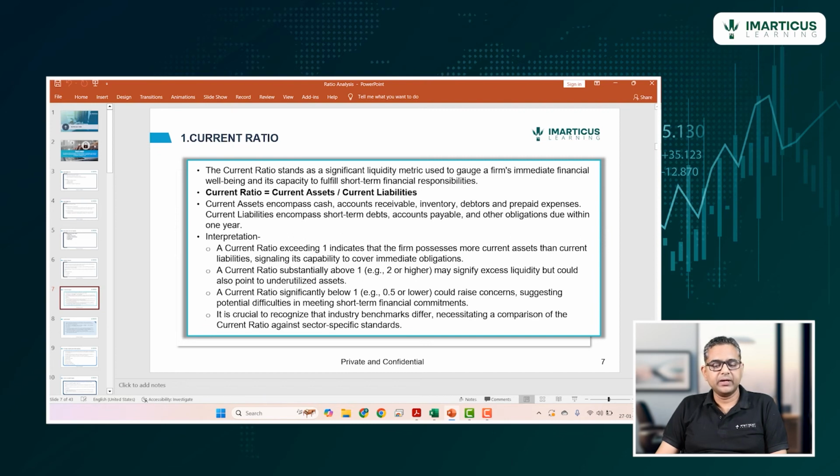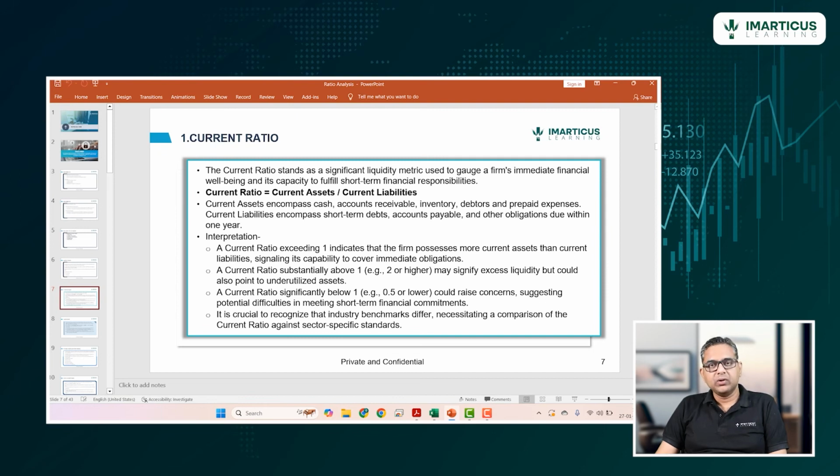So how do we interpret it? As we discussed, a current ratio exceeding 1 indicates that the firm possesses more current assets than current liabilities, signaling its capability to cover immediate obligations through its current assets. A current ratio substantially above 1, for example 2 or higher, may signify excess liquidity, but could also point to underutilized assets, right?